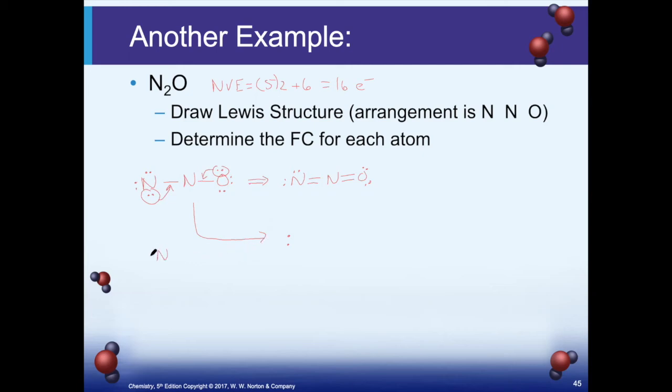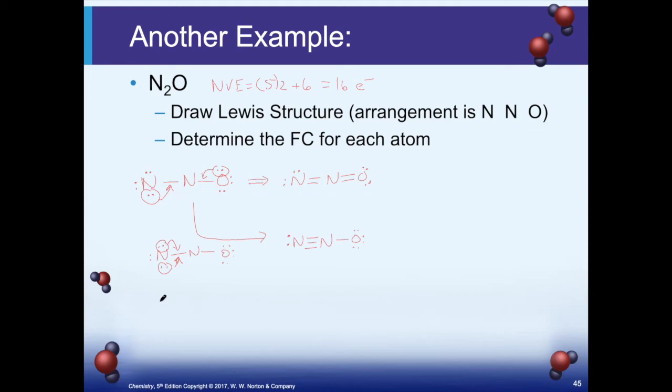So we have the nitrogen. In this case, I'm going to have 2 of the lone pairs on this nitrogen transform into a multiple bond with this nitrogen. And so that's going to result in a triple bond between the 2 nitrogens, and then we have the single bond with the oxygen.